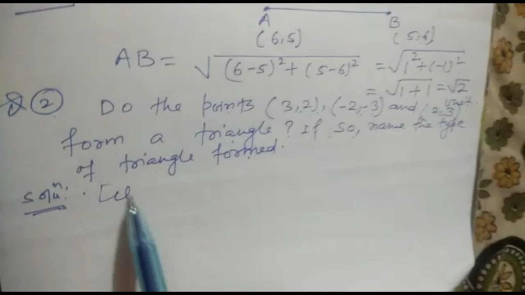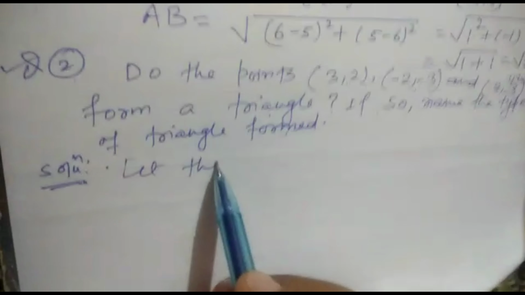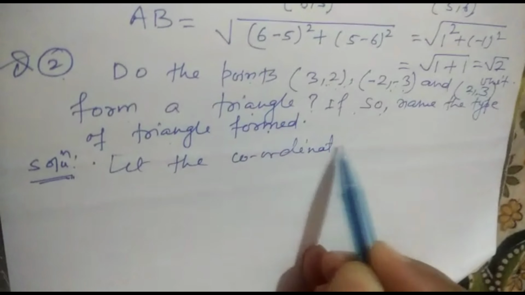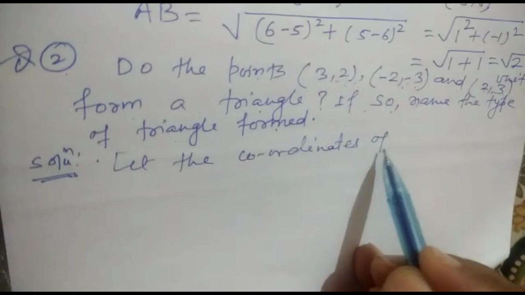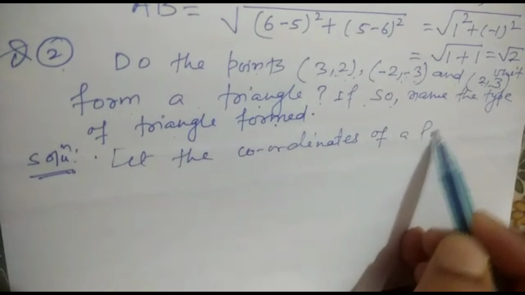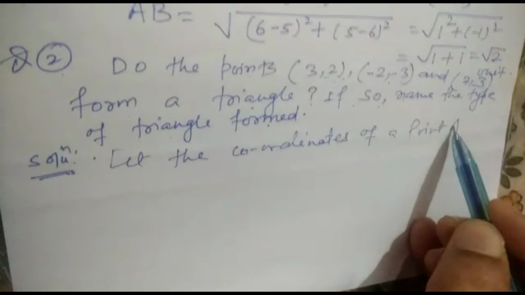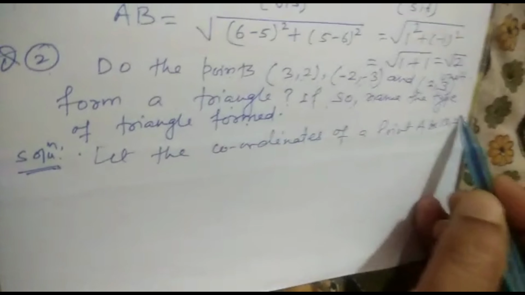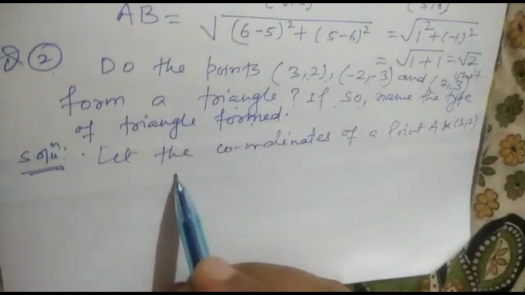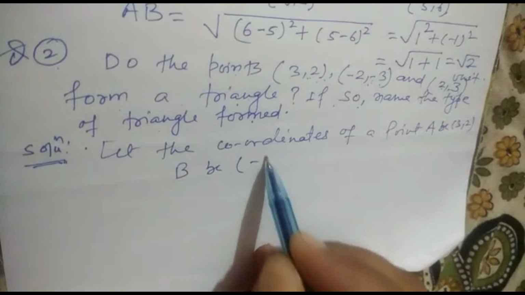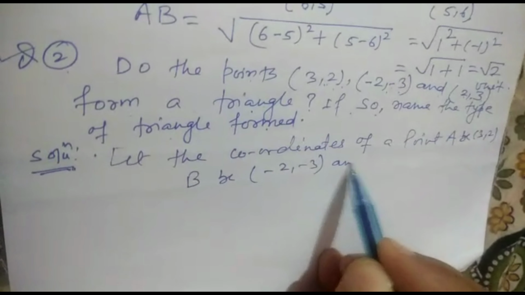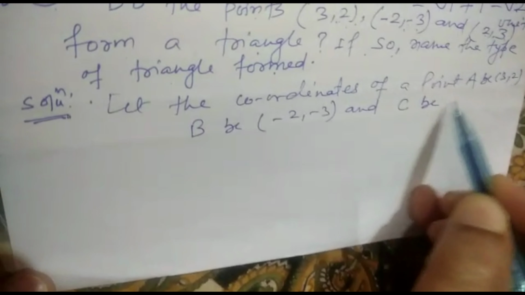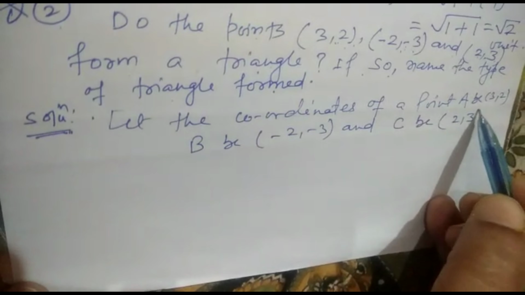So let the coordinates of point A be (3, 2), the coordinates of point B be (minus 2, minus 3) and the coordinates of point C be (2, 3).